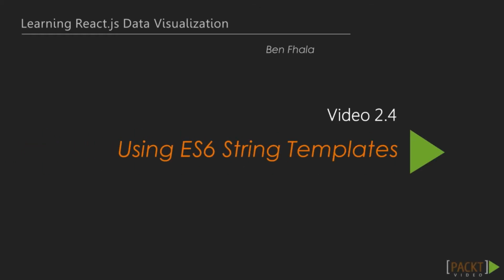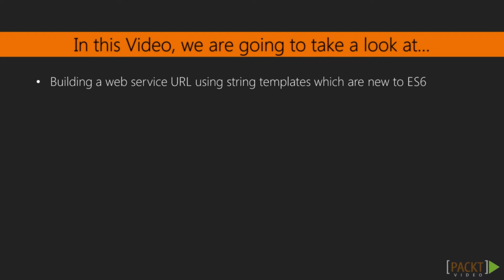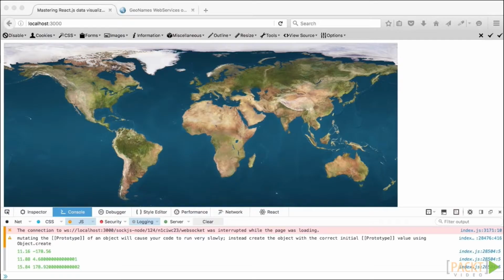We are almost ready to call our web service, but before we could do that, to simplify things, I'm going to show you how to work with ES6 string templates. Now, the ES6 string templates are really aimed at making strings easier, instead of having a lot of pluses whenever you need to add variables inside of a string. So let's see them in action.